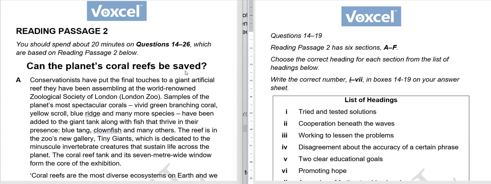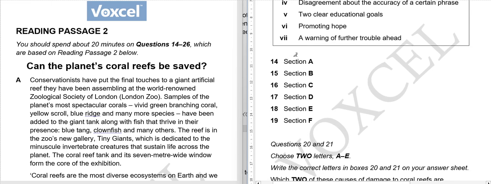Now we're gonna go straight to the questions section and see what kind of questions we have to solve for this one. Question 14 to 19. For this we have to solve list of headings and we have to write 1 to 7 in front of sections A to F. So these are our sections.